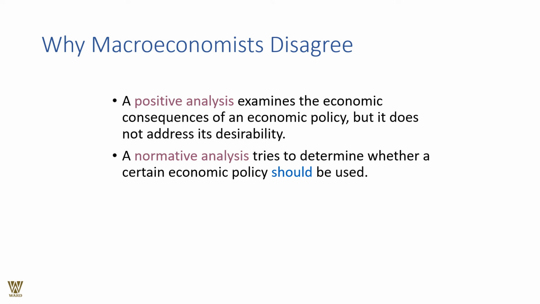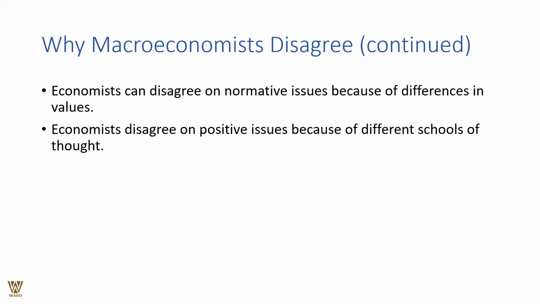A positive analysis, on the other hand, just studies the economic consequences of whatever has happened in the economy. The events are studied and reasons are sought around them. Another thing on which economists can disagree on normative views is differences in values. Please understand, when I say values, everybody's data points are different, so the data collected would be different.